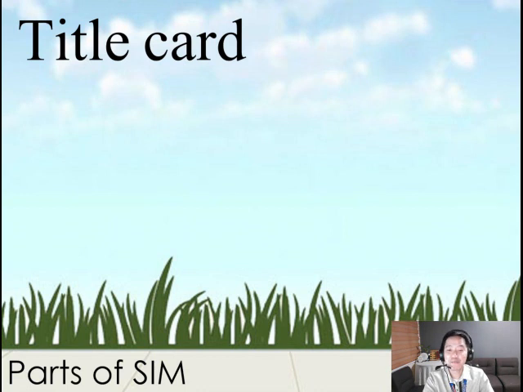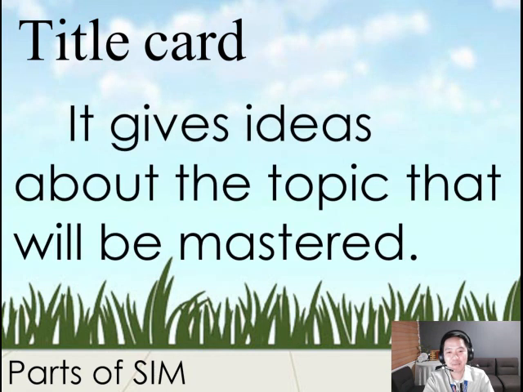Here are the different parts of the SIM. First, title card. It gives ideas about the topic that will be mastered. In creating your strategic intervention material, you may want to have a catchy title that will get the attention of the learners. Here are some.